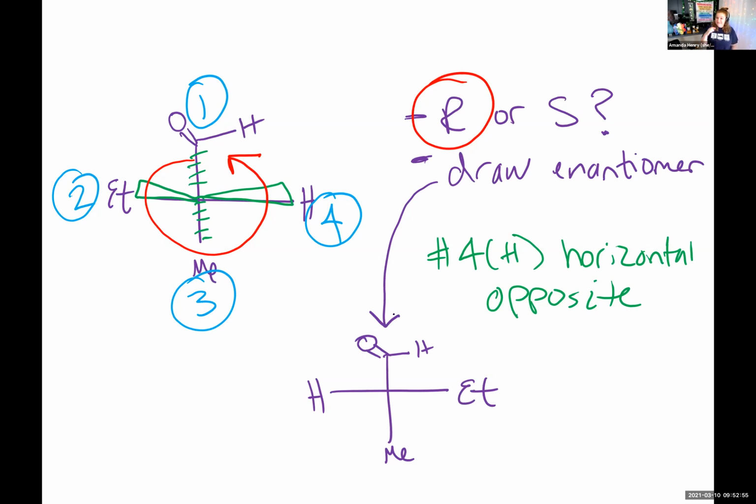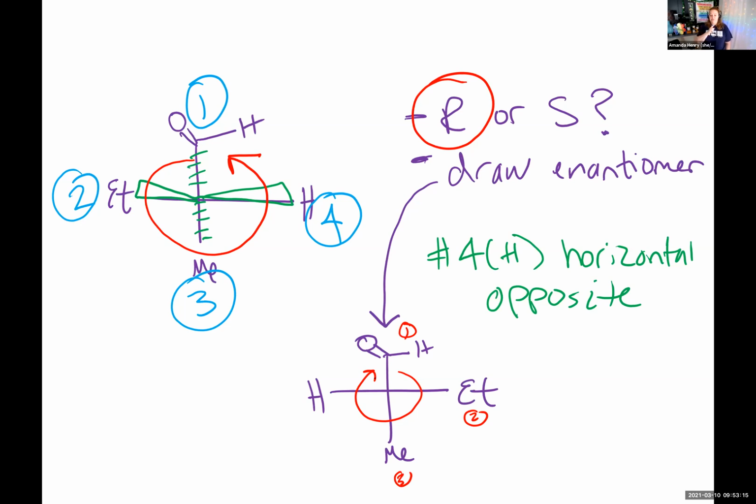And the way that we can prove this to ourselves, the way that we can see it: 1, 2, 3. The order is going in the opposite direction. That's what tells me for sure that this is the enantiomer.